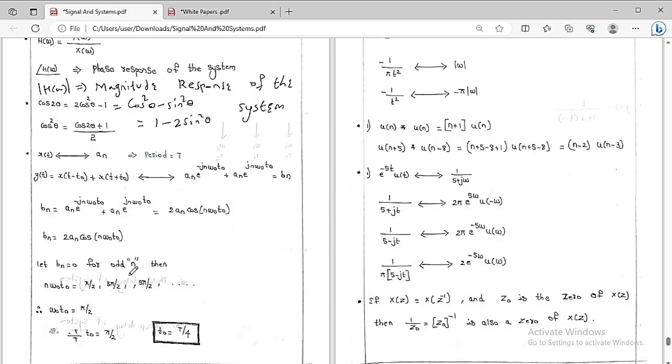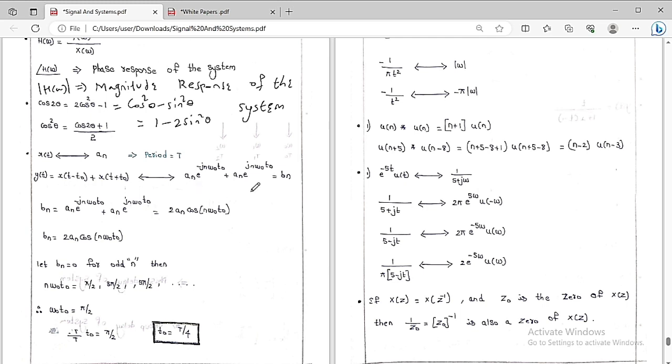Same thing I have given, nothing I have changed. So x of t has the Fourier coefficient an, and x of t shifted by t naught has the coefficient an with a phase difference. If y of t is x of t minus t naught plus x of t plus t naught, then the Fourier coefficient is an e to the power of minus j n omega naught t naught plus an e to the power of j n omega naught t naught, which is equal to bn, I am going to assume.